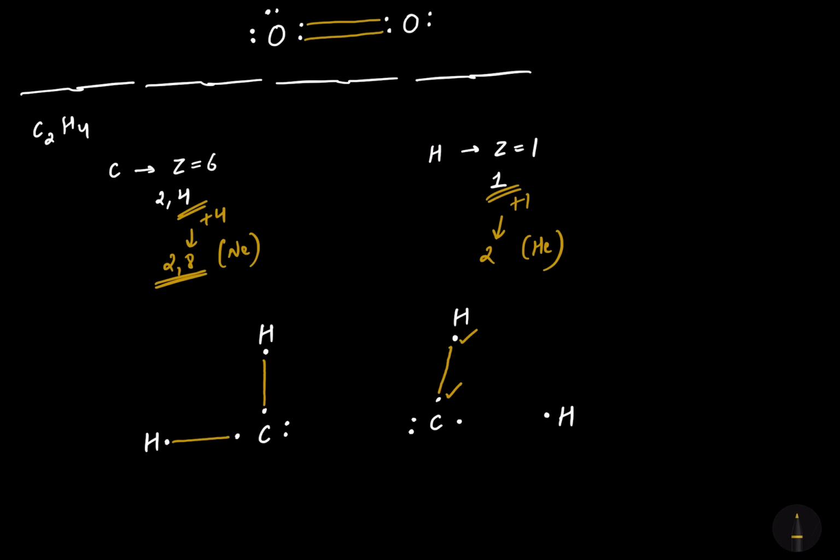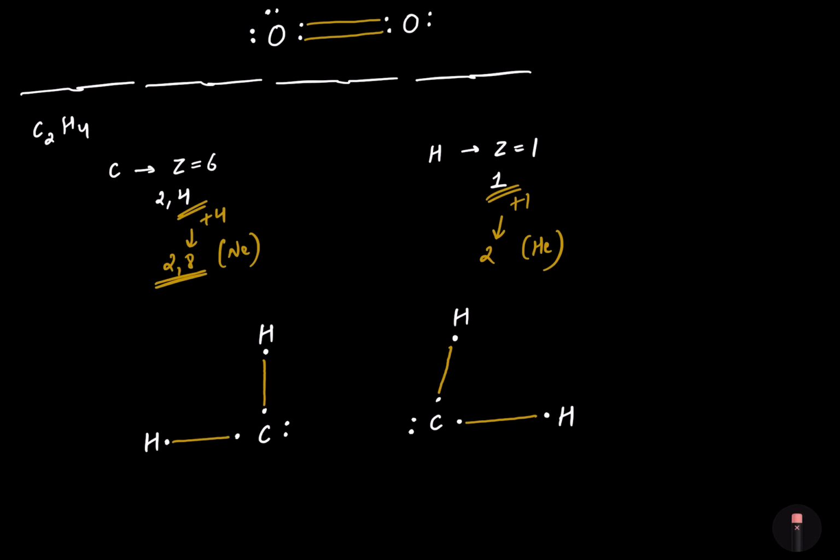So hydrogen has achieved the stable noble gas configuration of helium. Now let's talk about the fourth hydrogen. That's my covalent bond with carbon. So here hydrogen has also achieved 2 electrons in its outermost shell, the first electron, the second electron. So hydrogen has again achieved the duplet in its outermost shell.